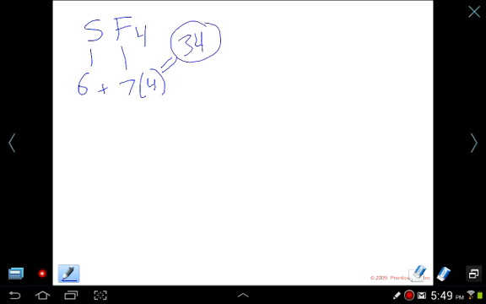The next one is SF4. Totaling the valence electrons, we get 6 from sulfur. We have 7 from every fluorine. Multiply that by 4. 28 plus 6, you get 34 valence electrons that we'll have to spread apart. So let's put sulfur in the middle, it being the less electronegative element. Let's put the fluorines around the outside.